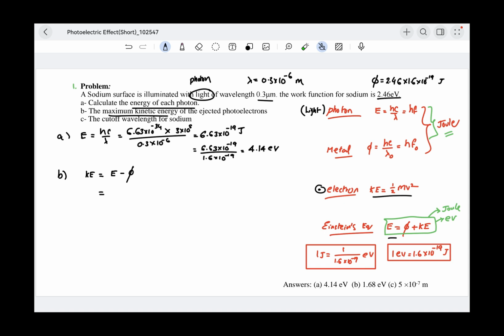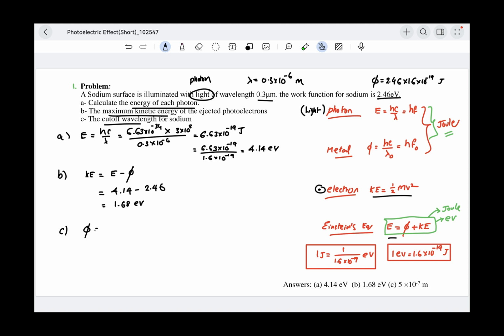So the energy of the photon is 4.14. I am keeping everything in electron volts, it's very convenient. The work function is given as 2.46, so subtracting, we get 1.68 electron volt.